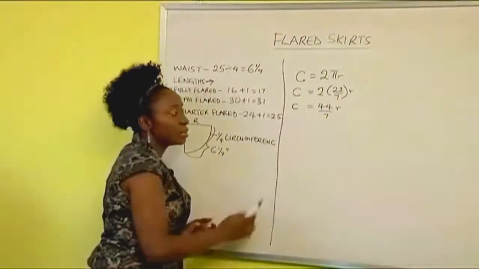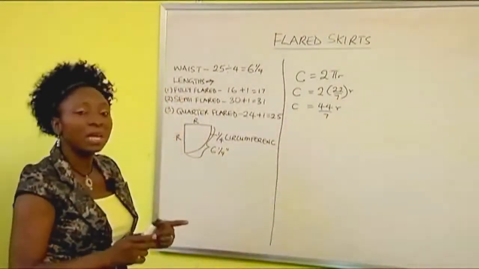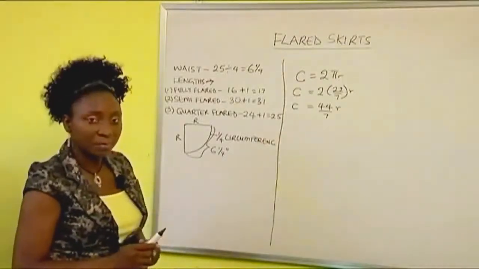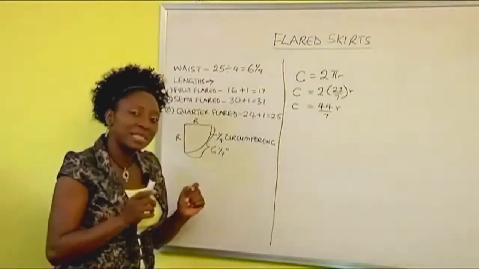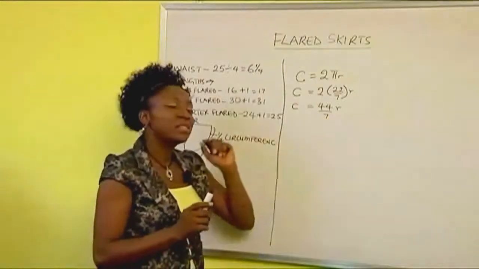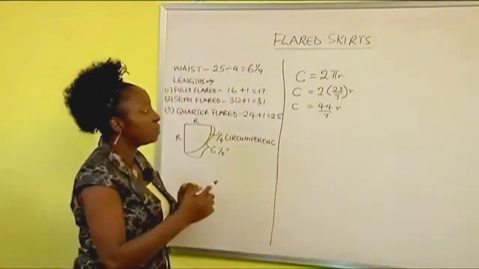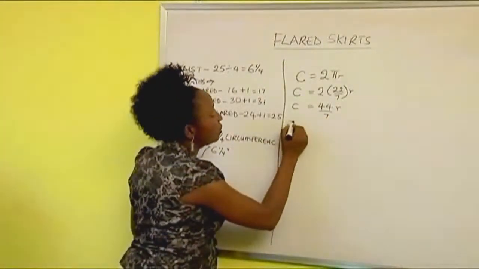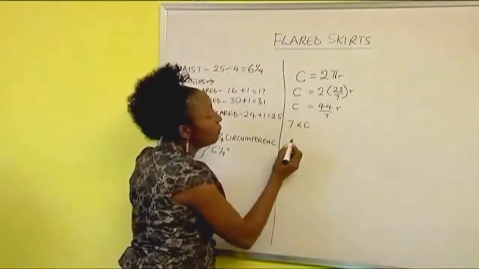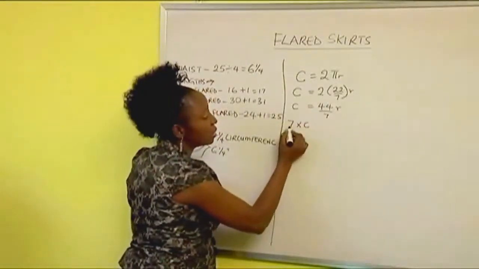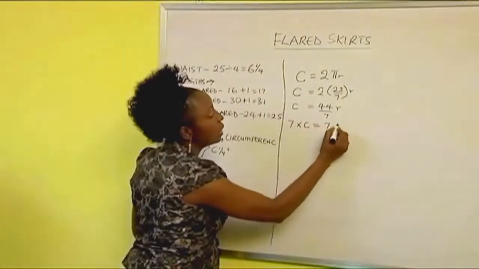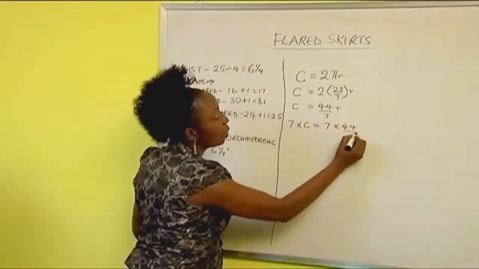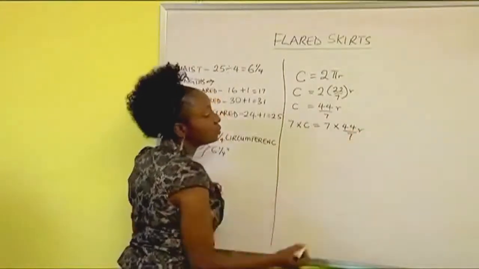Now after I've done this, I'm going to multiply both sides by 7, because I'm trying to see how I'm going to make r the subject of the formula. So I'll take my 7 and multiply by C, and that will give me 7 times 44/7r.